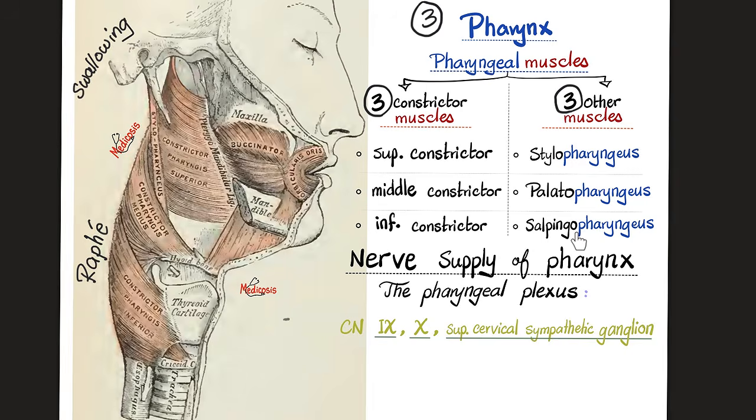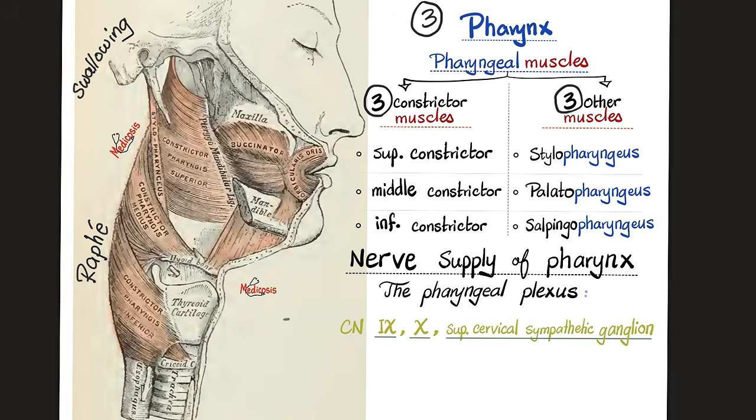The insertion of salpingopharyngeus muscle is into the posterior border of the lamina of the thyroid cartilage. Innervation is by the pharyngeal plexus of nerves. The action is similar to the previous two muscles, plus it keeps the Eustachian tube open.